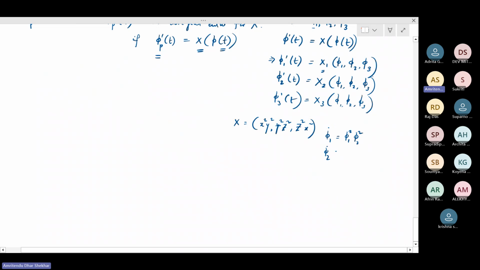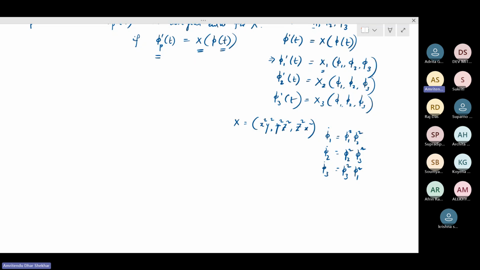Phi 2 dot is equal to phi 2 squared phi 3 squared. And phi 3 dot is equal to phi 3 squared phi 1 squared. So it's not necessarily going to be a linear ODE, but you will still get a system of ODEs, and you can solve for these system of ODEs to get a curve.